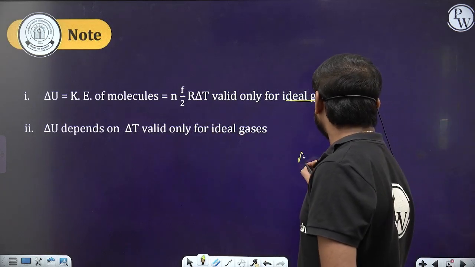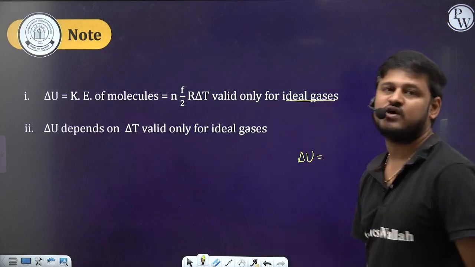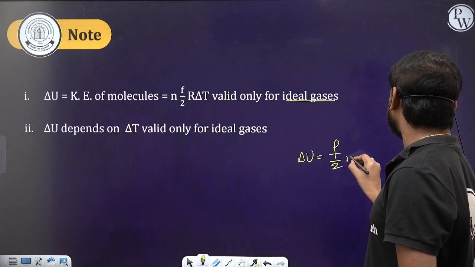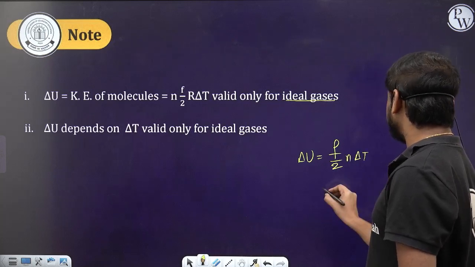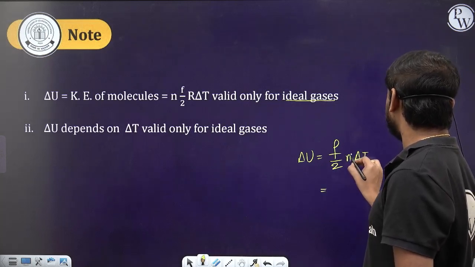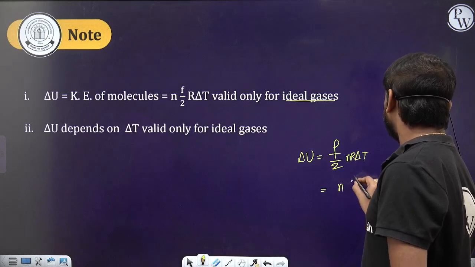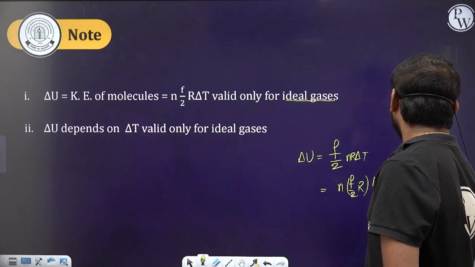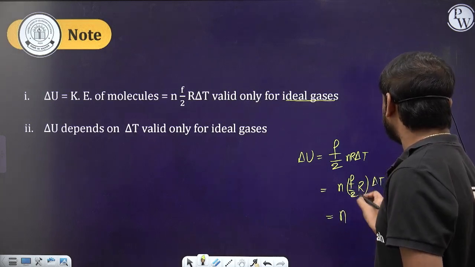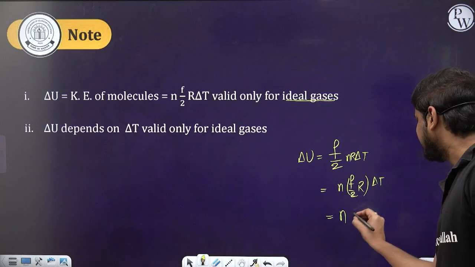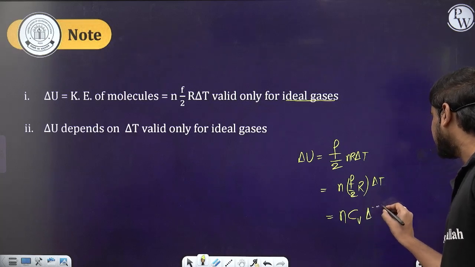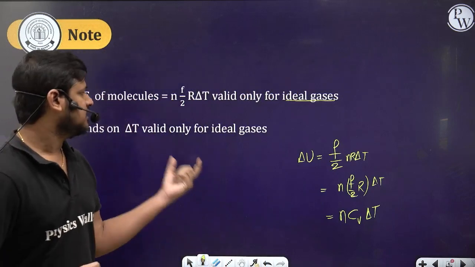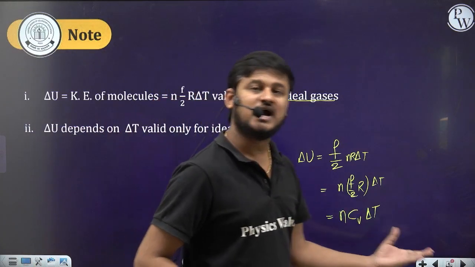You know that for the change in internal energy we have only one formula: f by 2 into nR delta T, or you can write it as n into f by 2 R into delta T. Here this f by 2 R is nothing but Cv. So n Cv delta T. This is the only formula for the internal energy, right? Chalo, this is valid only for ideal gases.